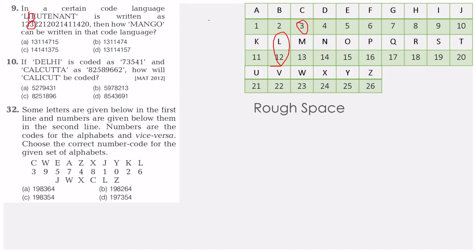C will get a code of 3. And L is getting 12. E will be getting 5. This is a typical question. Let's solve that. Don't worry, we'll be solving that.